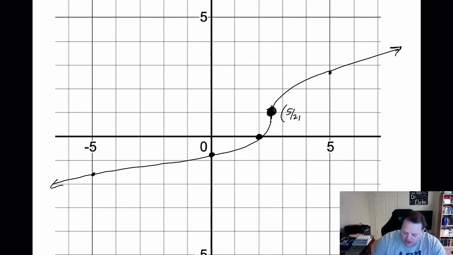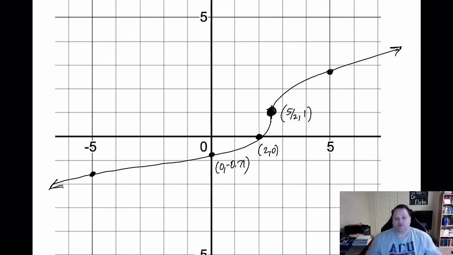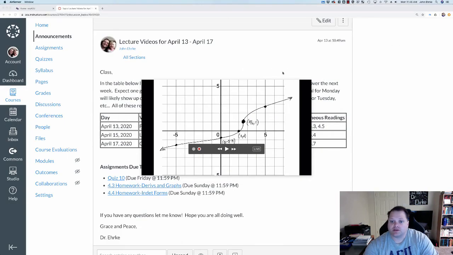So this is 5/2, 1. This is the 2, 0, and 0, -0.71. Those values there. So this looks pretty good. I'd be really happy with this sketch if a student gave it to me. So let's test this versus what we see in Desmos.